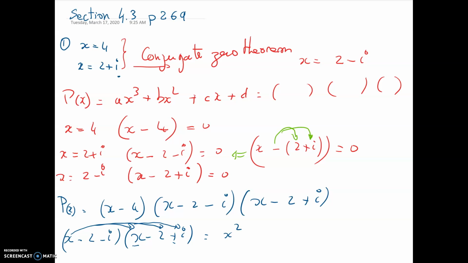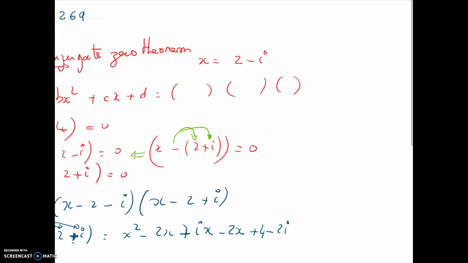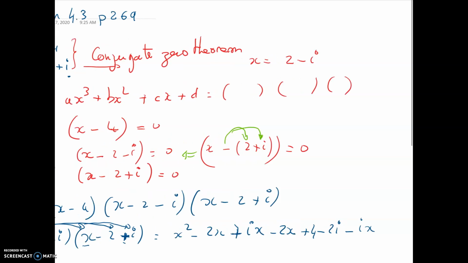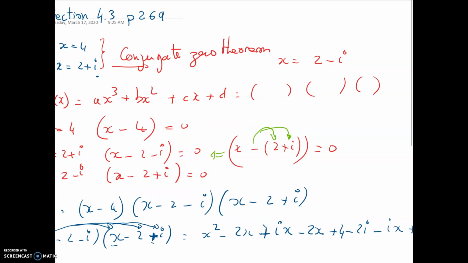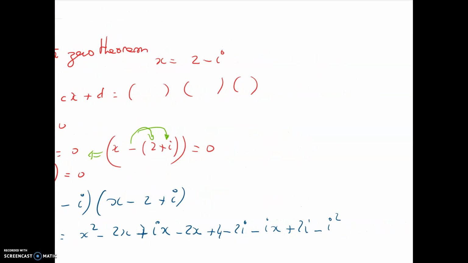I end up with x squared minus 2x plus ix, minus 2x plus 4 minus 2i. The last one is negative ix, then negative i times negative 2 gives you plus 2i, and negative i times i gives you negative i squared.